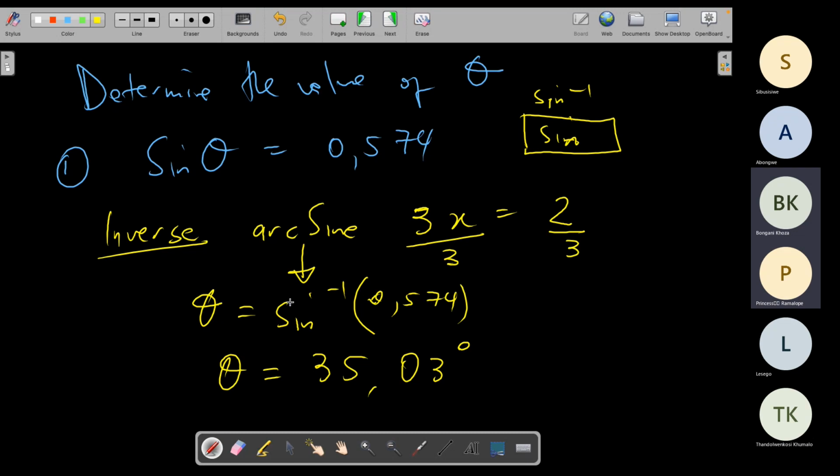With degrees, you don't need to type degrees anyway. That's why the calculator has to have that D somewhere there, to let the calculator know that we are dealing with degrees.